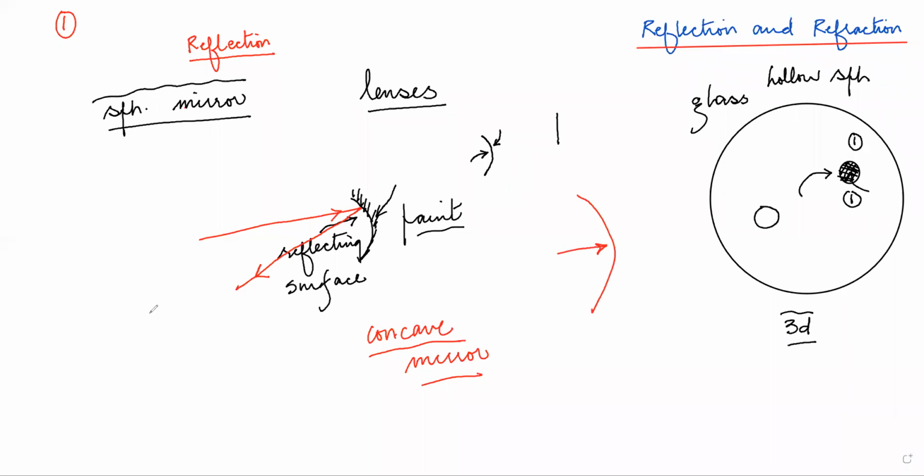See students, in every mirror, one surface is going inside and one surface is bulging outside. But it is the shape of the reflecting surface which decides whether a mirror is a concave mirror or a convex mirror.